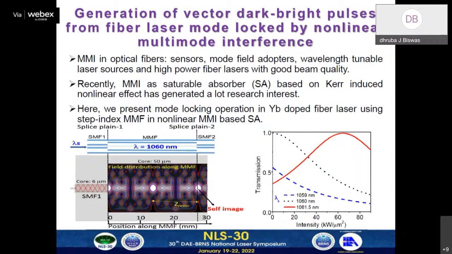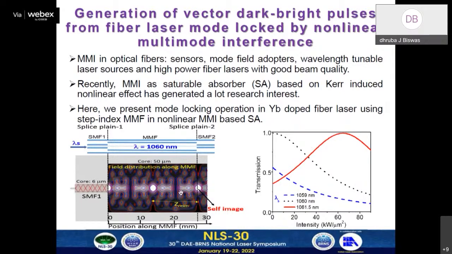Recently, multimode interference as a saturable absorber based on Kerr-induced nonlinear effect has generated a lot of research interest. Here, we present mode locking operation in a fiber laser using a nonlinear multimode interference based saturable absorber.